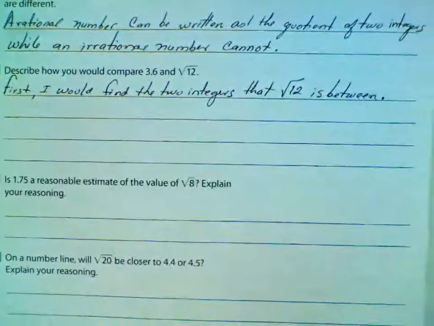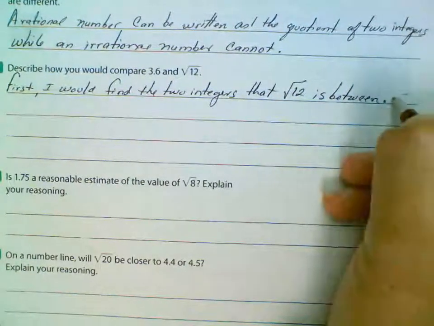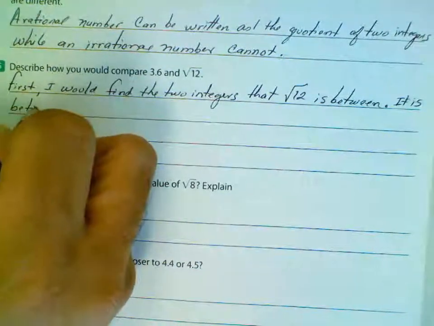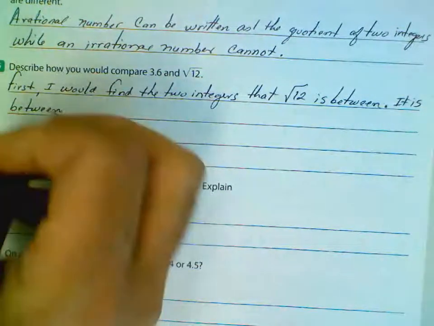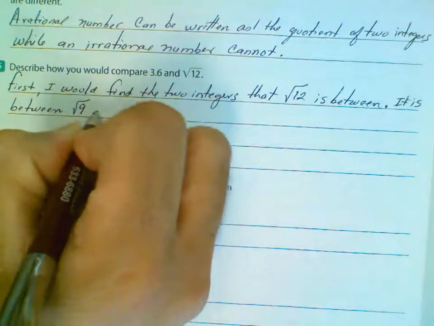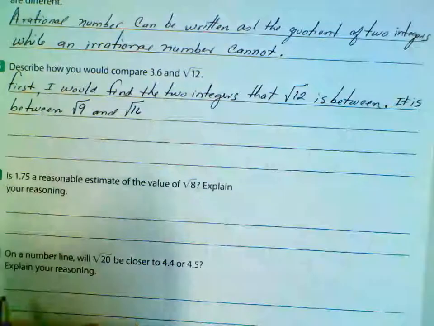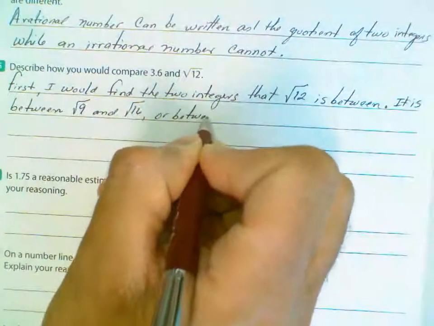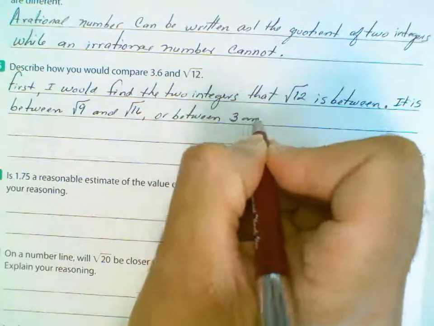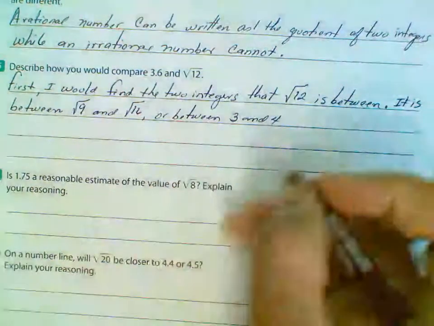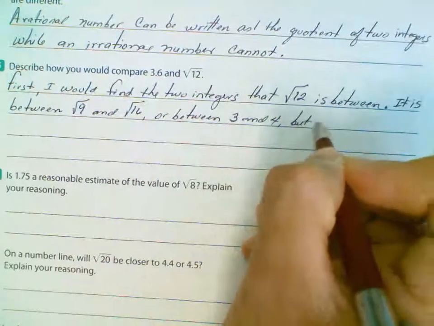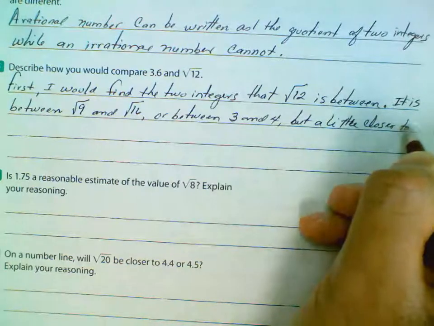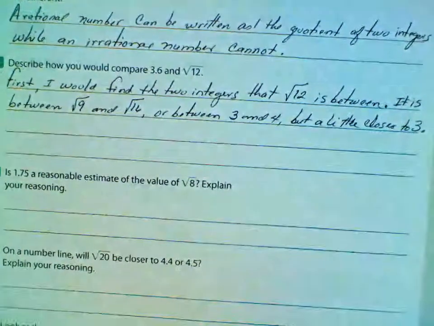So in this case, continuing here, it is between the square root of 9 and the square root of 16, or between 3 and 4, but a little closer to 3. Okay, what else?